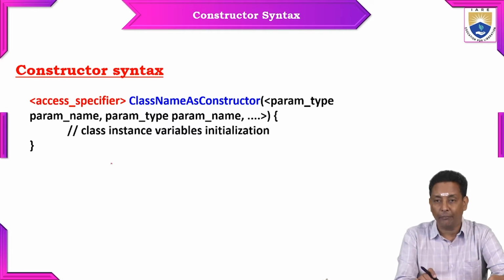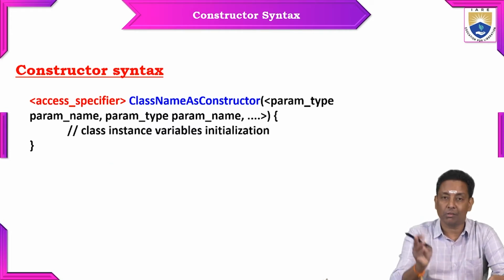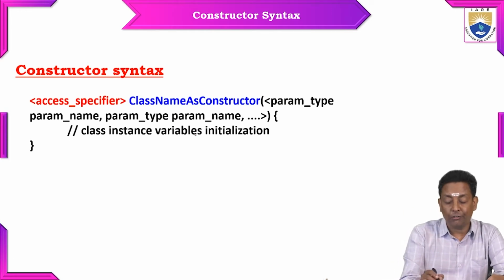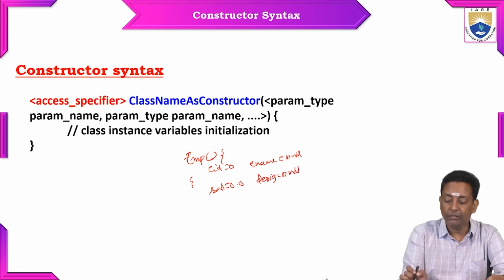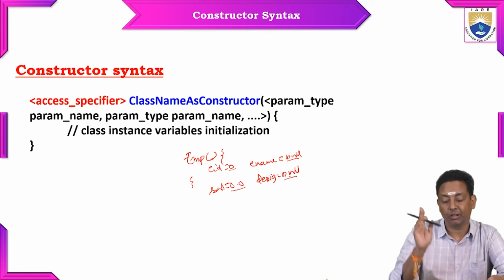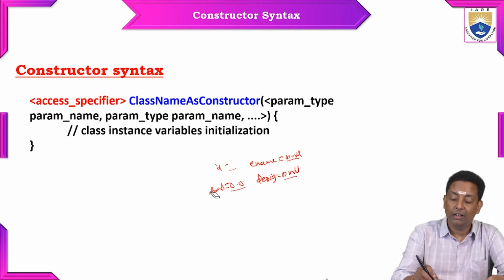For example, if you take employee ID as int, employee name as string, salary as double, and designation as string, and you write the Employee class constructor with no parameter and don't write anything, by default employee ID is 0, employee name is null, salary is 0.0, and designation is null. Otherwise, if you pass parameters, we can assign those parameters to the class instance variables. We'll see that as an example at the end of the presentation.